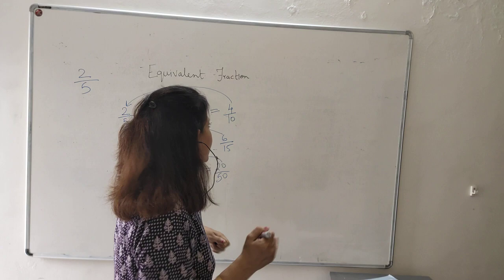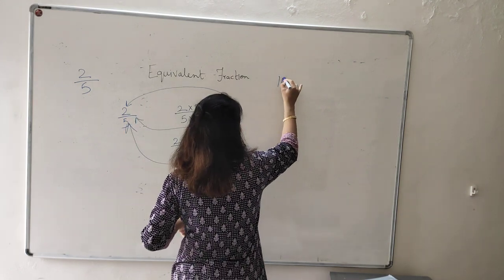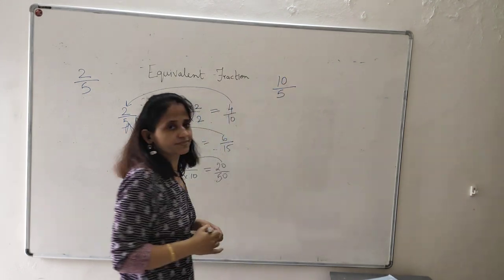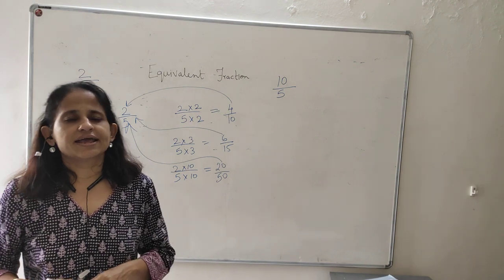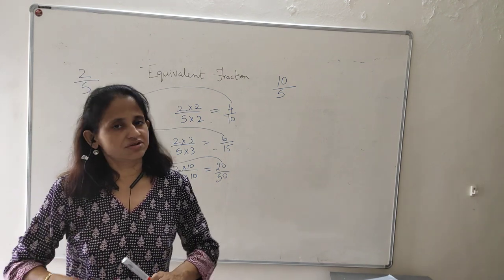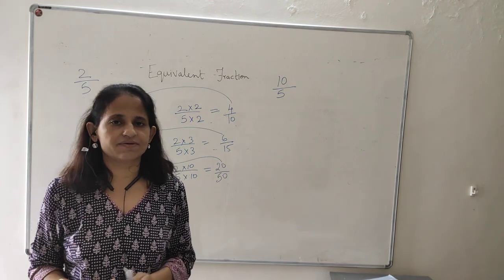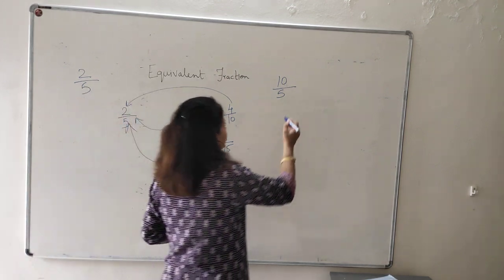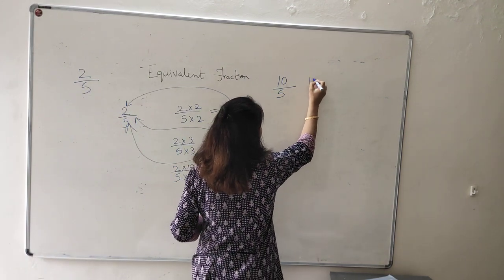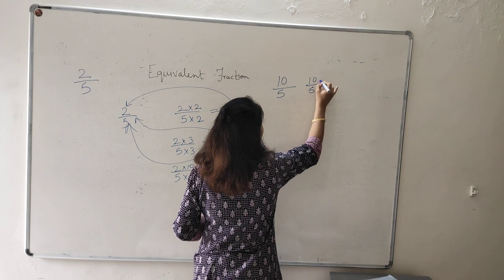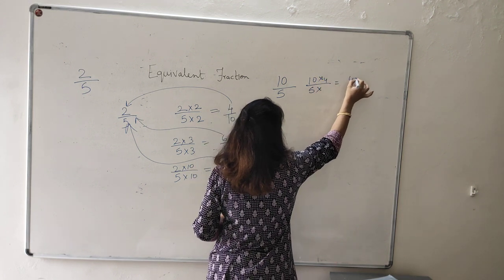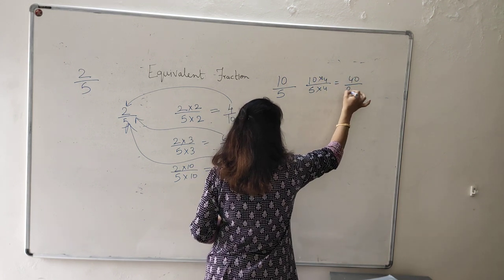But of course, if I have a fraction, suppose 10 upon 5, I can find an equivalent fraction either by multiplying or by dividing. See, if I multiply 10 and 5 with 4, suppose. 10 fours are 40, 5 fours are 20.